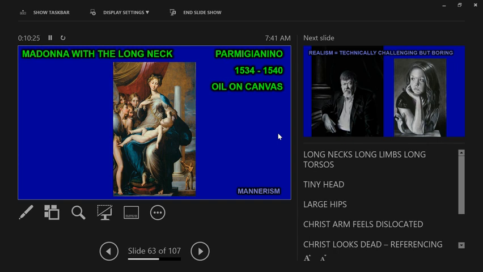Realism is maybe exciting in that it's a technical challenge to get your drawing or painting to look exactly like what's in front of you. That's a challenge, but ever since the camera, it's like, just take a picture of it. Why not express yourself?